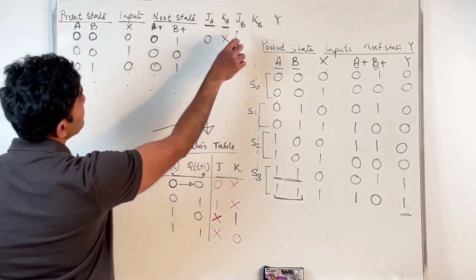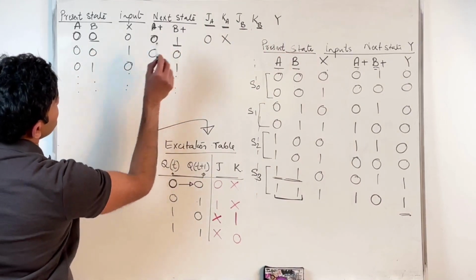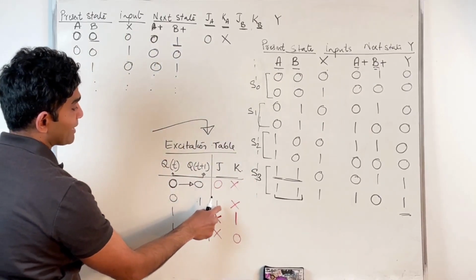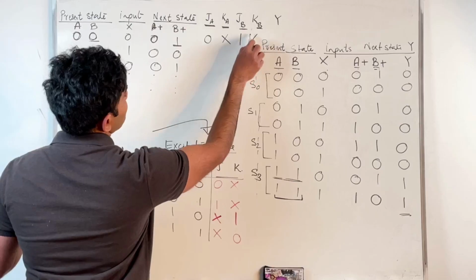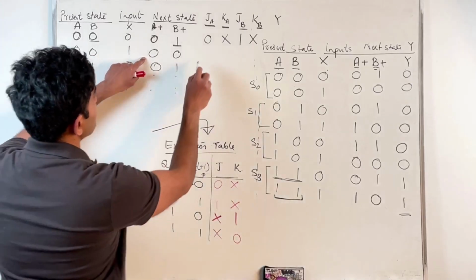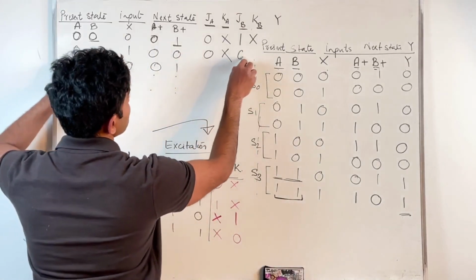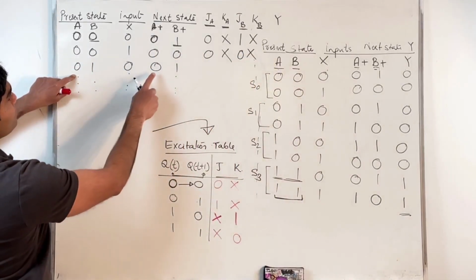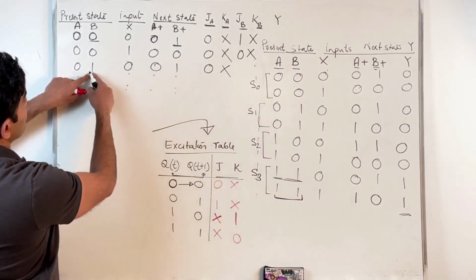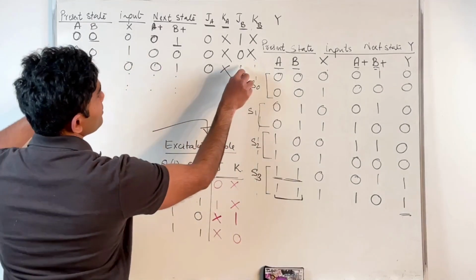This transition is governed by the values you apply on JB and KB, right? For the 0 to 1 transition here, B to B plus, I need to be applying 1X on my JB and KB. Likewise, 0 to 0 was 0X, 0 to 0 again is 0X, 0 to 0 is 0X. 1 to 1 now, B going from 1 to B plus as 1, is X0.